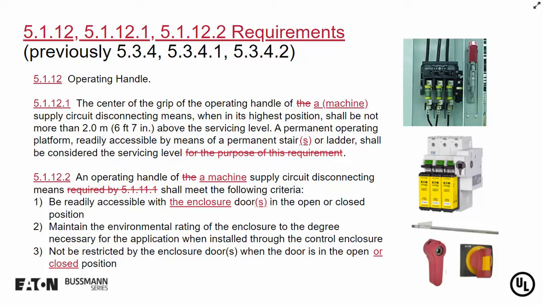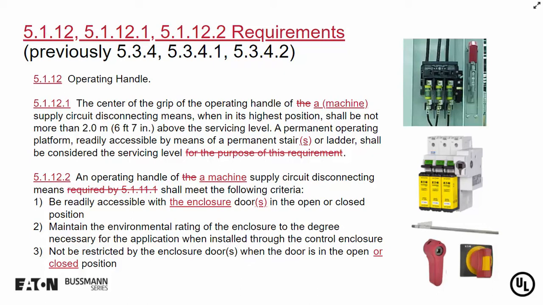This ensures the handle and the disconnect itself are readily accessible, and you can see in 5.1.12.2 we address that. We talk about the operating handle being readily accessible with the door open or closed. Dan already talked a little bit about disconnecting means with regard to their location, their construction, their operation, and the different types that are available.